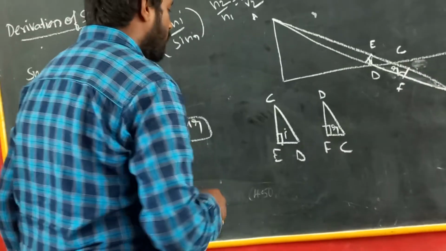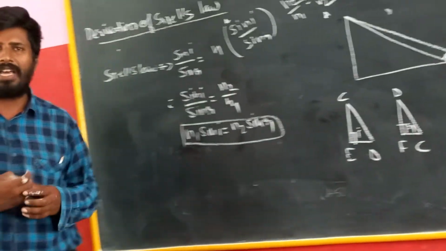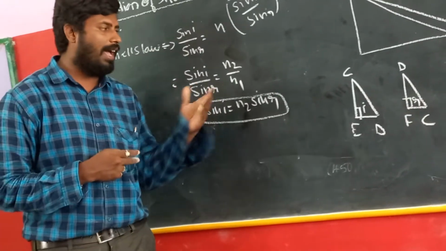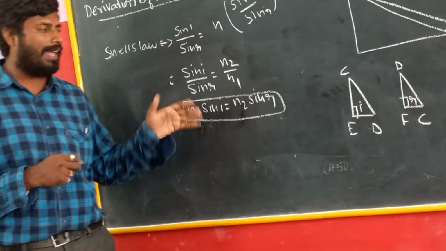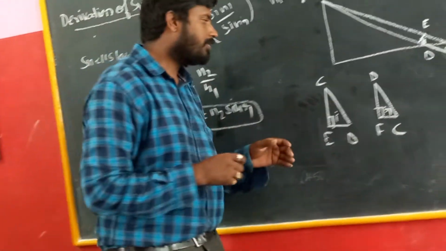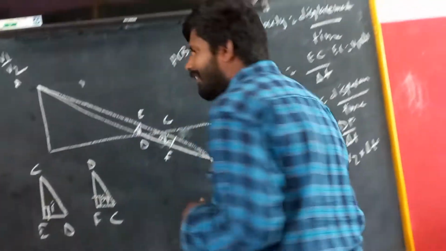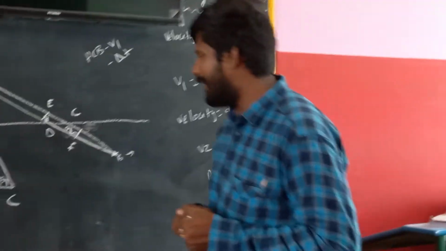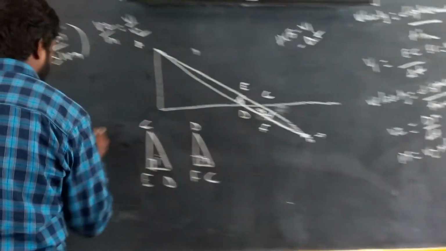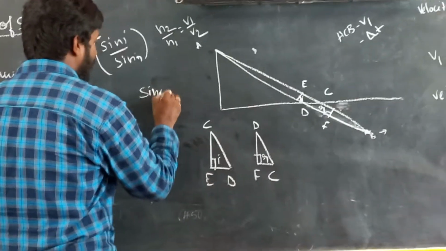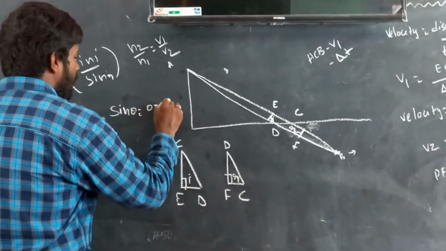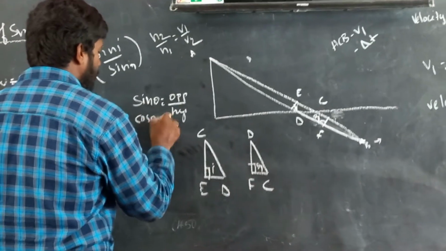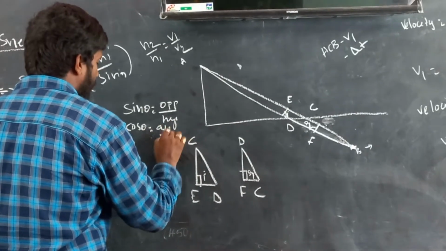This is a right angle triangle. Any triangle in which one of the angles is 90 degrees is called a right angle triangle. To calculate sin I, we know that sin theta is equal to opposite side by hypotenuse, and cos theta is equal to adjacent side by hypotenuse.